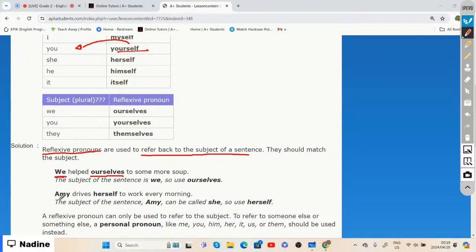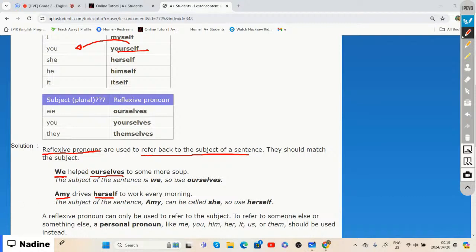And then we have another example, which is Amy. Amy is a noun. Amy is a girl. It says, "Amy drives herself to work every morning," meaning that Amy's got a car and is driving alone to work in the morning.